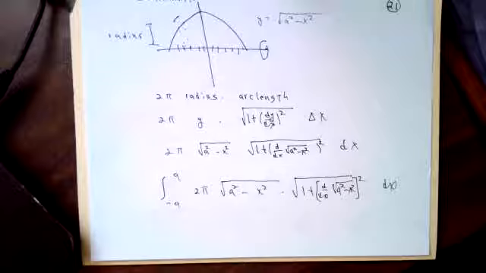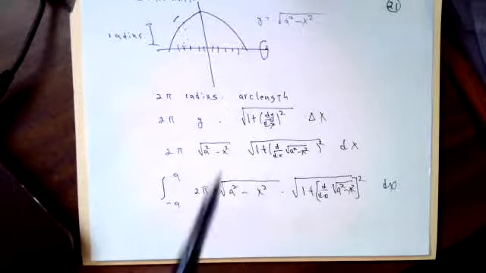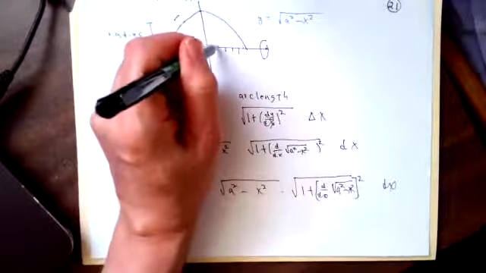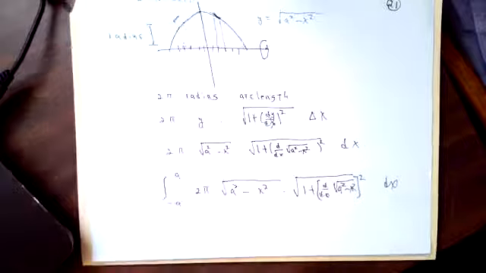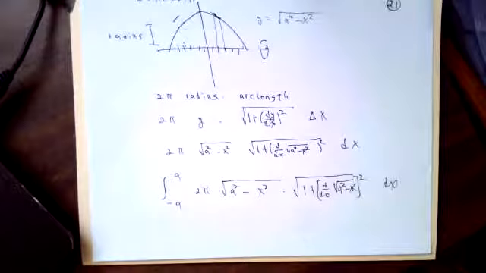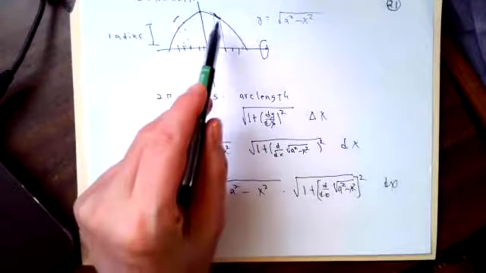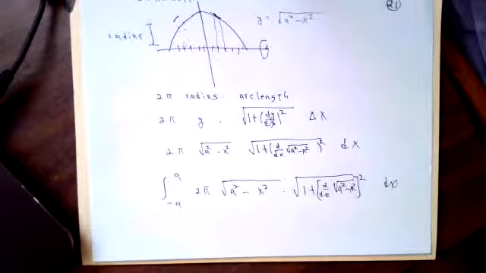Divide the x range up into smaller subdivisions. On each subdivision, think of the amount of surface area that's going to be generated by revolving this little piece of the graph about the x-axis.